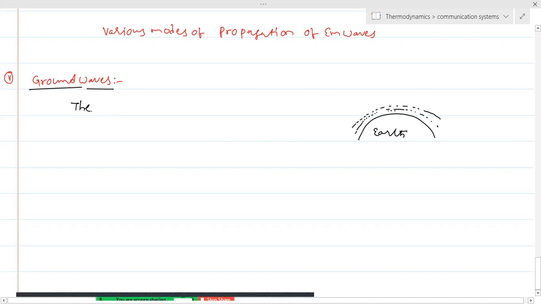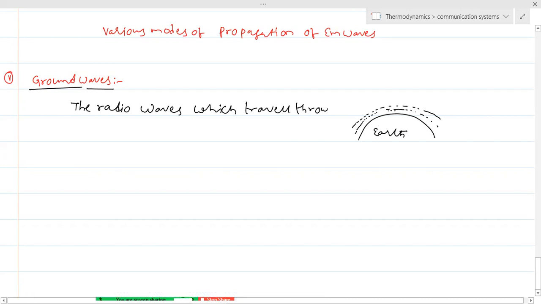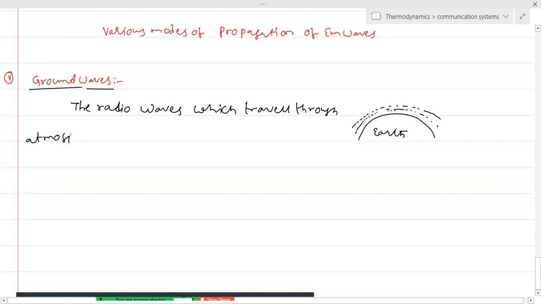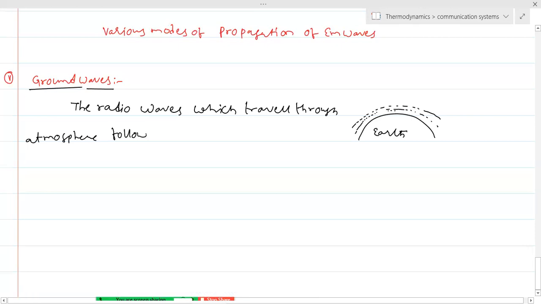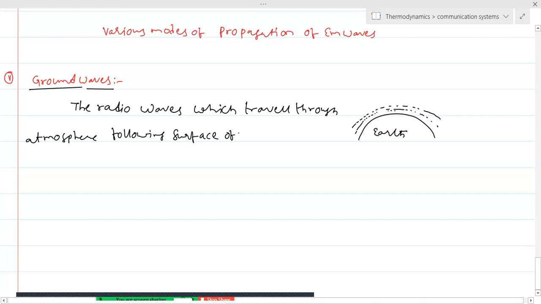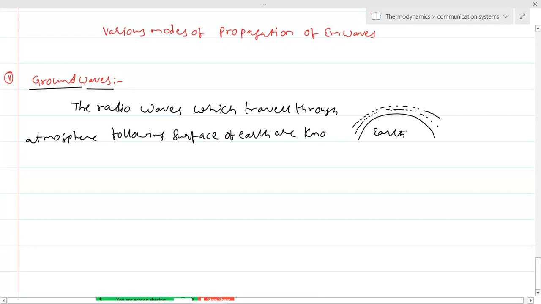So I'm taking the definition: the radio waves which travel through the atmosphere following the surface of the earth, like radio signals, are known as ground waves.